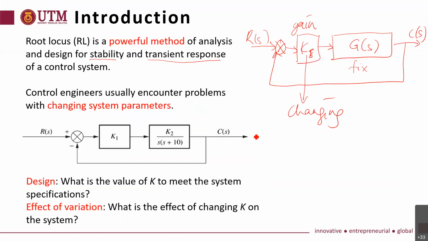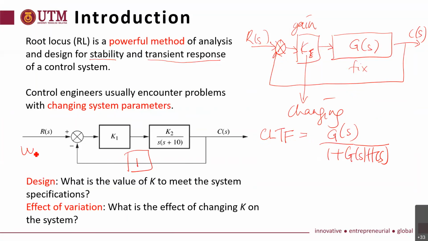We can see from here, if I take the closed loop transfer function, the formula, remember the formula, G(s) over 1 plus G(s)H(s). This is to obtain the closed loop transfer function. In this case, this is a unity feedback system. Unity feedback means H equal to 1.